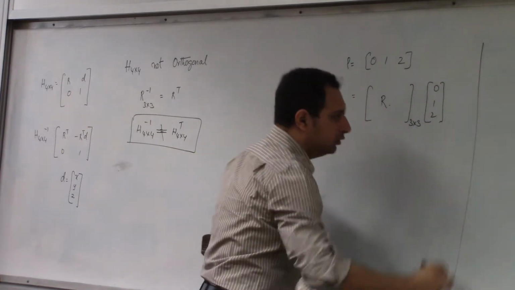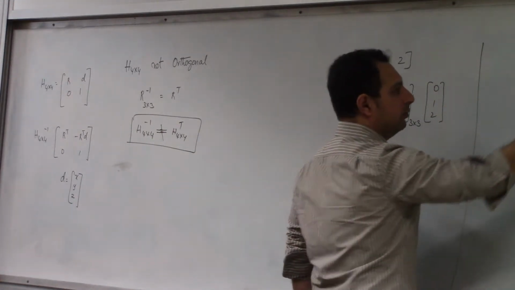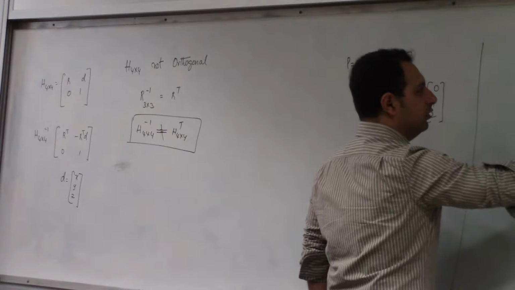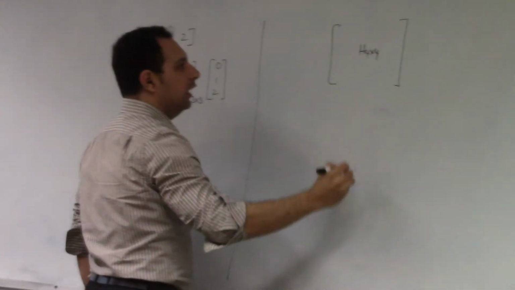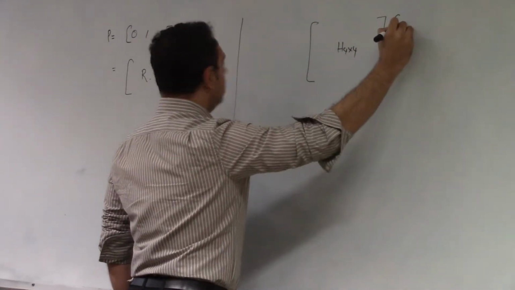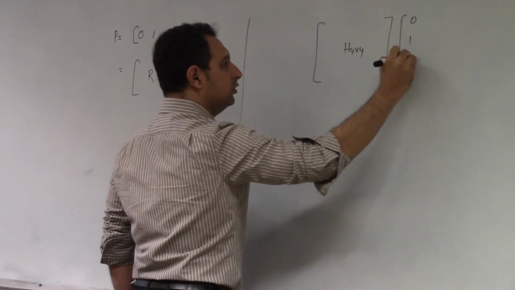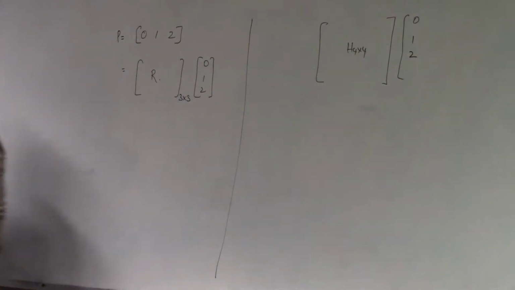What happens when you try to multiply a 4 by 4 matrix? You have an H4x4 and the point is only 3. You can't multiply this. Okay?